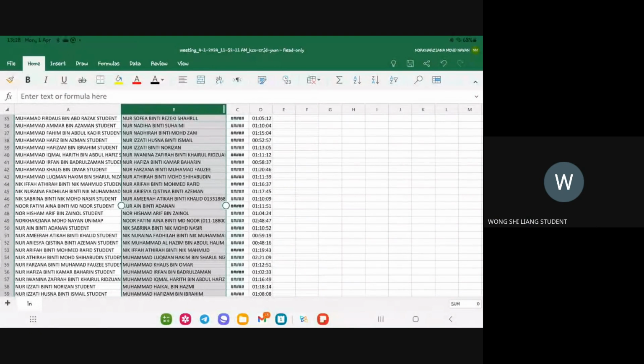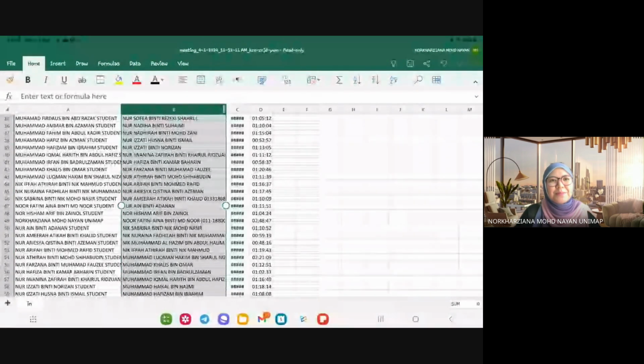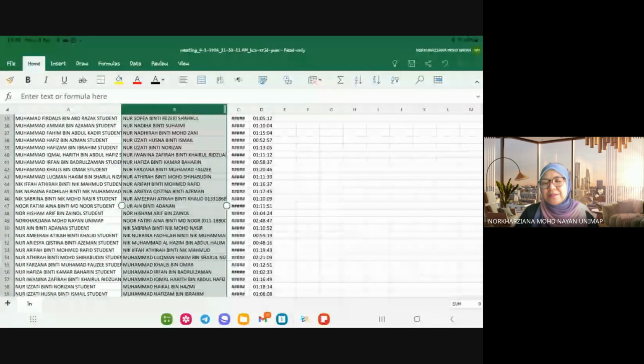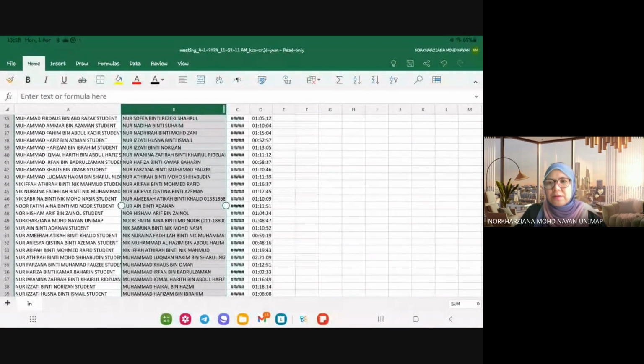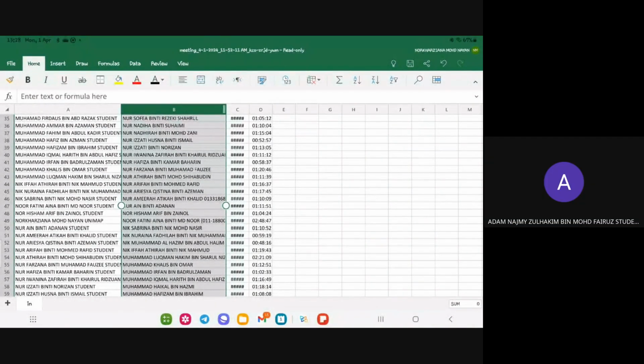Madam, quiz paper untuk Adam Najmi ni saya tak dapat cari. Adam Najmi hantar tak?